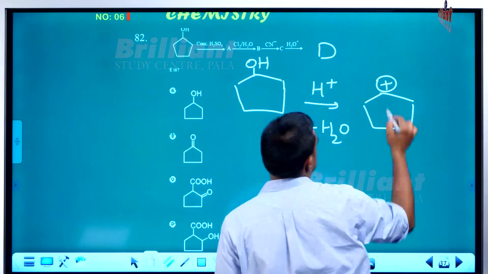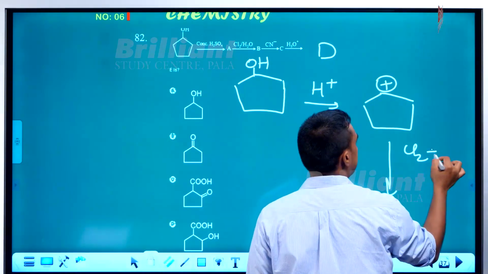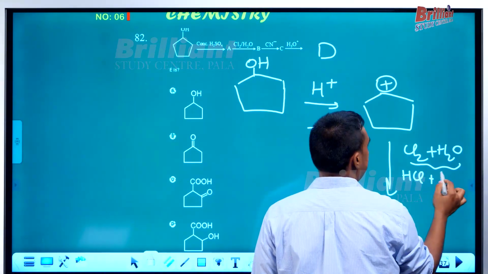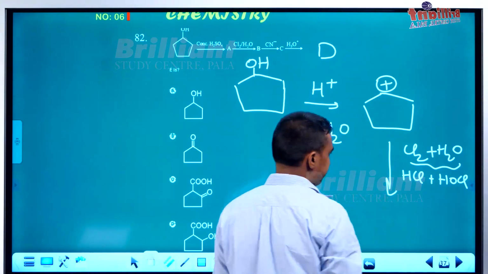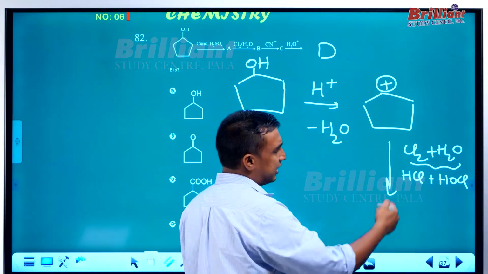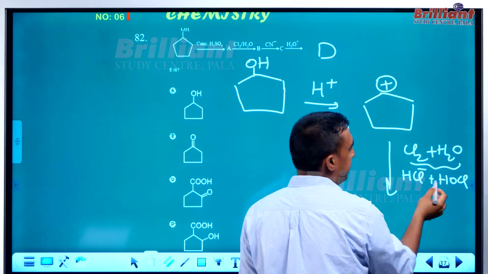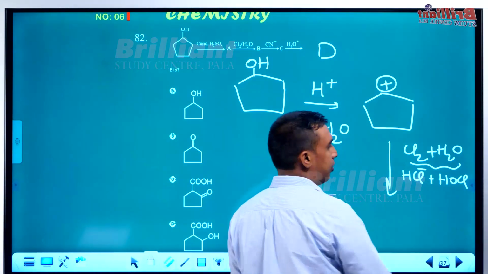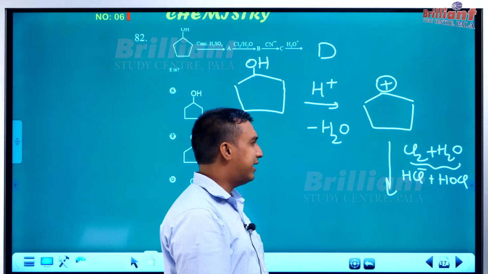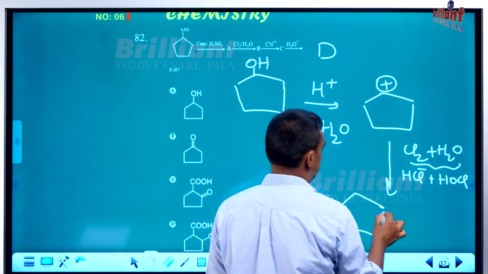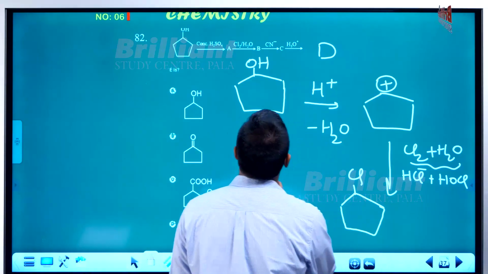We have Cl2 plus H2O, which gives me HCl plus HOCl. Of HCl and HOCl, HCl dissociates better, since the bond between oxygen and chlorine in HOCl is stronger. So I can go with the assumption that Cl minus will attach here. So I got this.